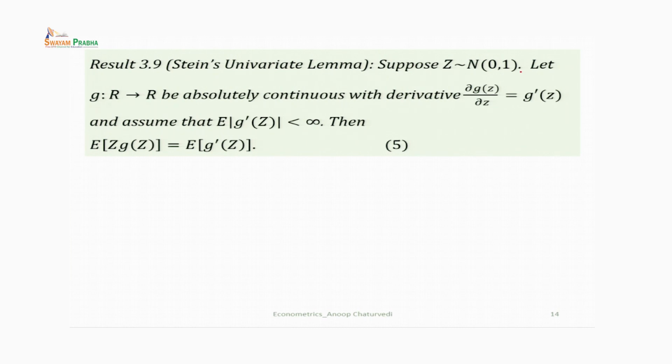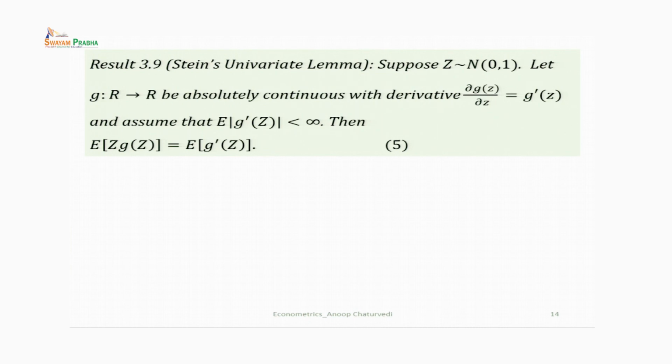So, Z follows a normal distribution having mean 0 and variance 1. And then G is a function from R to R. G is absolutely continuous with derivative del over del z of G z denoted by G dash z. And we also assume that expectation of mod G dash z is finite.